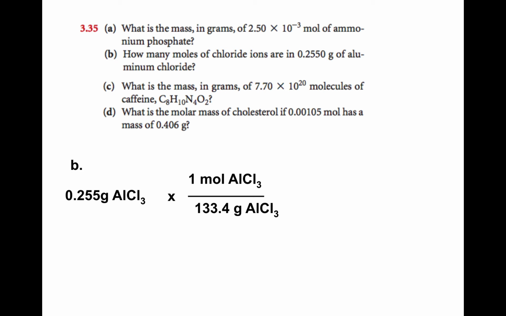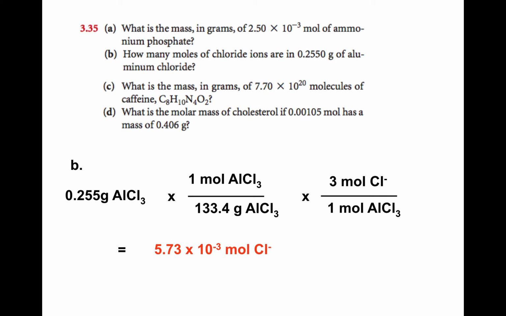And they didn't want moles of aluminum chloride, they want moles of chloride. So if I look at the formula, for every 1 mole of aluminum chloride, you get 3 chlorides, right? 3 moles of chloride, according to the formula. So that's my conversion factor to go from moles of aluminum chloride to chloride. So again, cancel grams, cancel moles of aluminum chloride to get to moles of chloride.